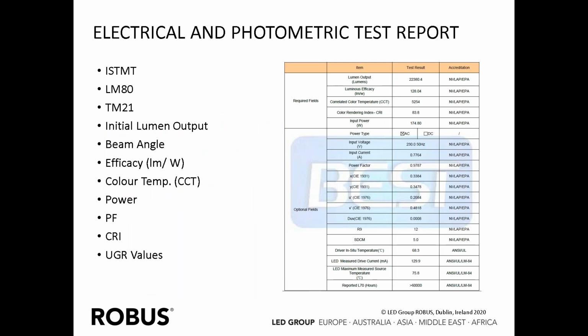So it's got the in situ measurements, LM-80 measurements, and TM21 measurements in the report, but it's got the initial lumen output, the total lumen output, beam angle, efficacy, all of these different parameters, both electrical and photometric. And this comes out as part of a total report from the third-party test house that prepares this test procedure, both the LM-80, the TM21, and the LM-79 reports.